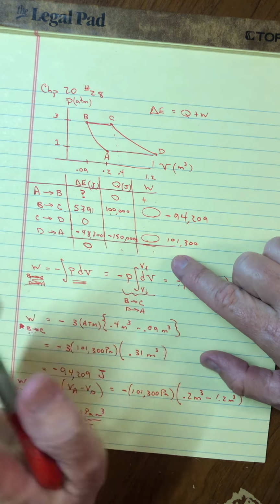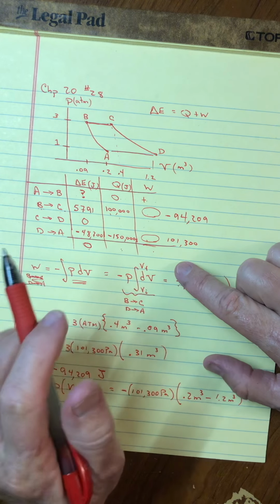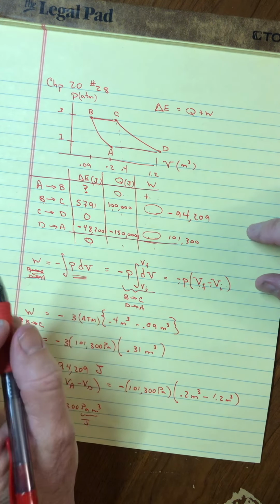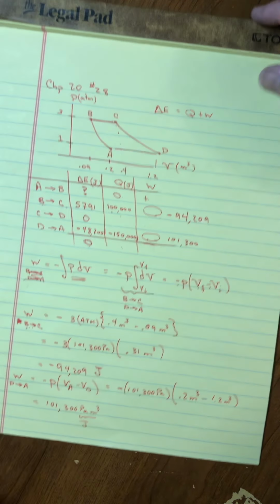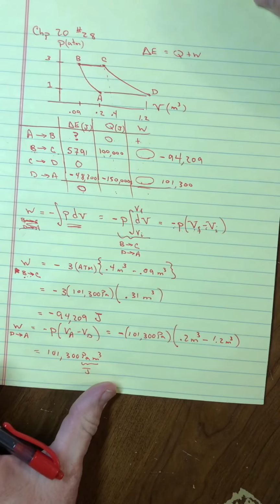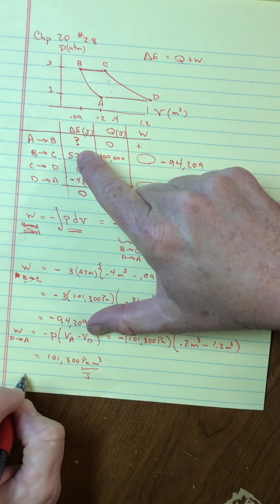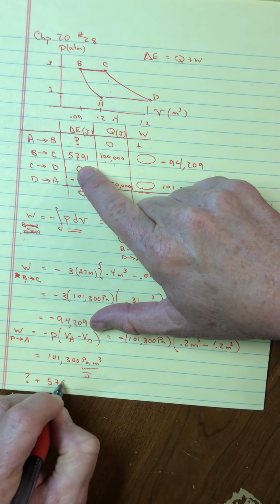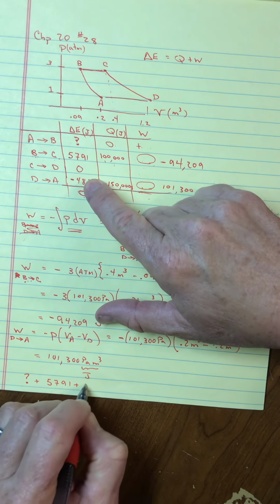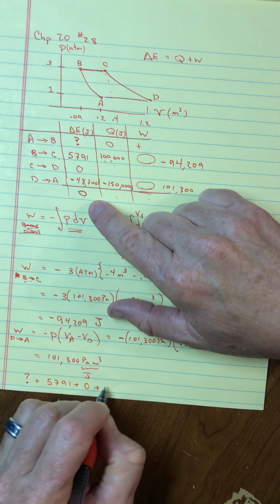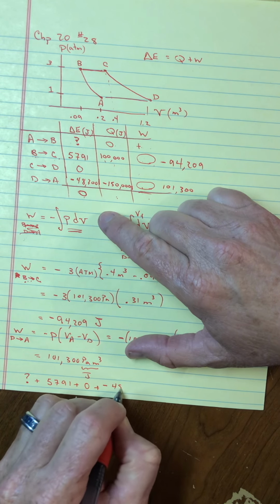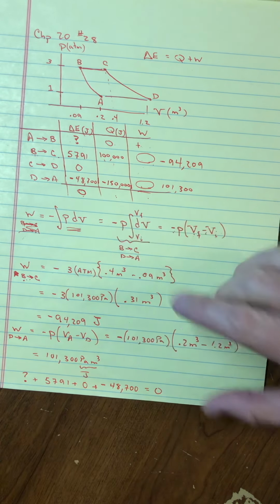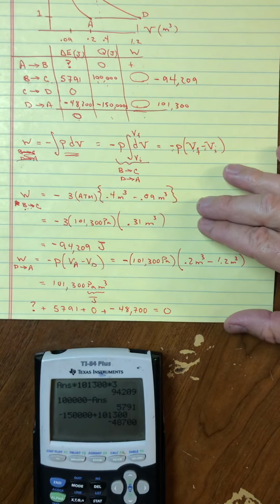So this needs to be a positive number, which you can kind of see now because maybe just to save room on the paper, I'll come down here: question mark plus 5,791 plus 0 plus a negative 48,700 all have to equal 0.